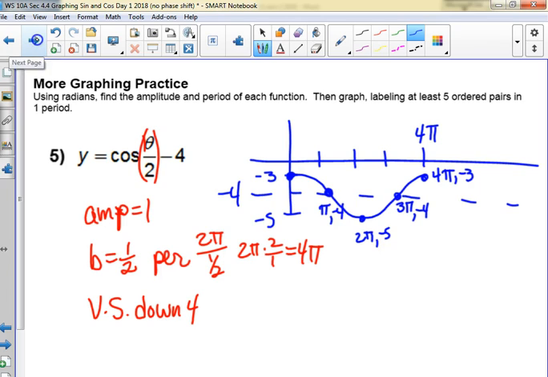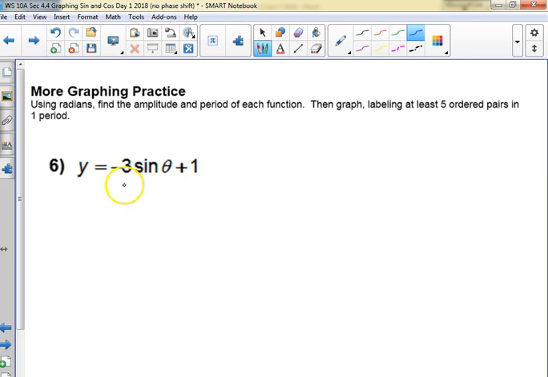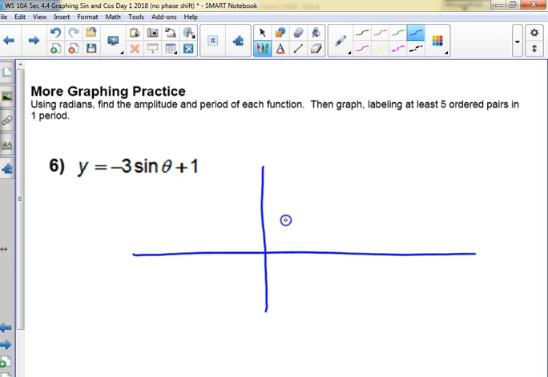Okay, I'm going to really super fast talk about this one because what's going on with this one? It's shifted up to 1. Yes, the amplitude is 3.